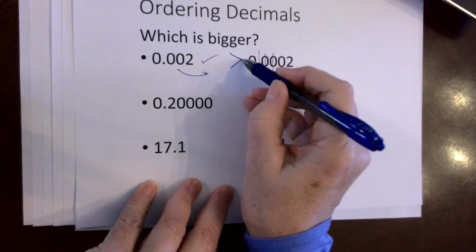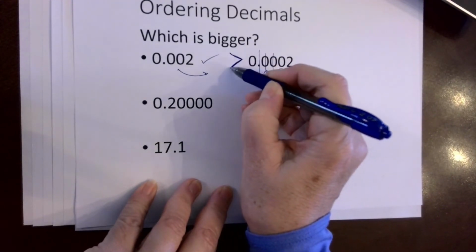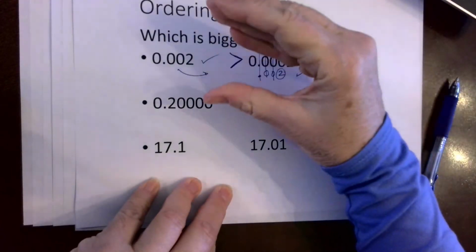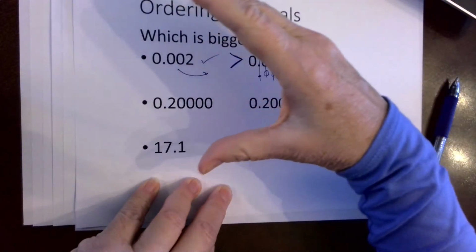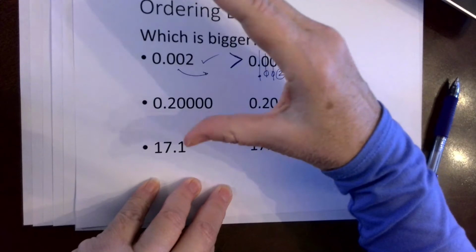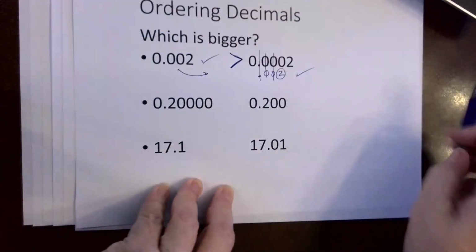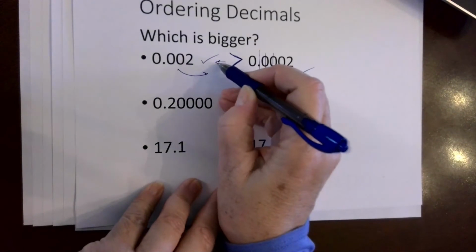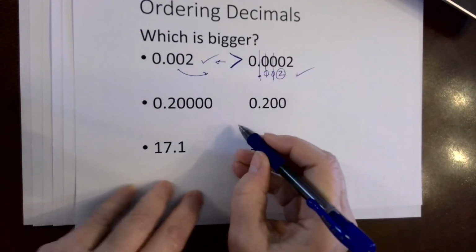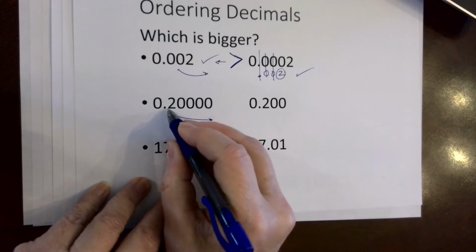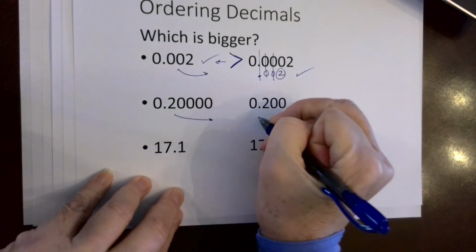The bigger end of the inequality faces the bigger number. Some people say the bigger side of the alligator mouth faces the bigger number. The next one, we're going to put this number underneath the other one, 0.2 with 4 zeros.